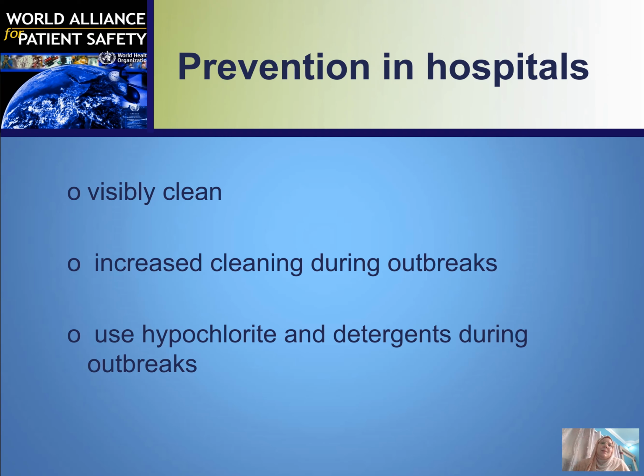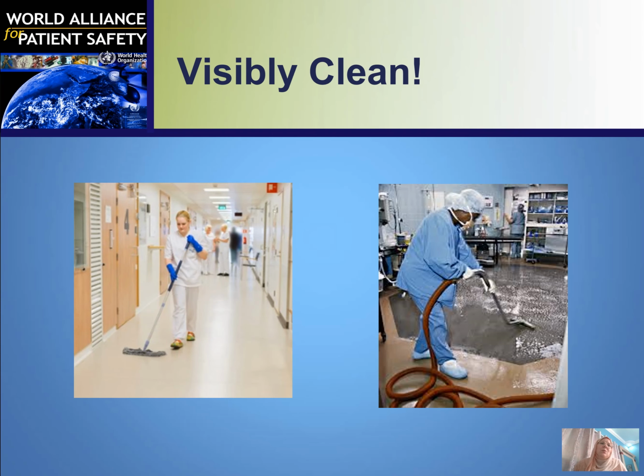The use of hypochlorite and detergents during outbreaks is very important. Here you can see on the left a picture of cleaning of a normal ward, and on the right a deep cleaning of an operating theater following a contaminated procedure, so a procedure with a contaminated surgery field.